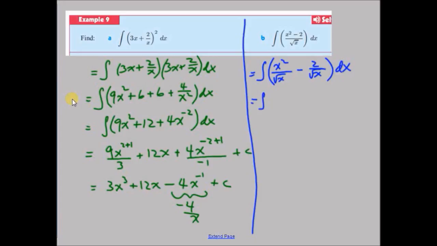So this is x squared over x to the 1/2, so we'll be able to subtract those exponents to simplify. 2x to the -1/2 dx. Still have an integral, haven't started yet, so 2 subtract 1/2 is 3/2.